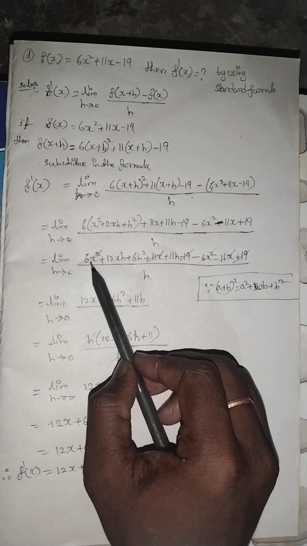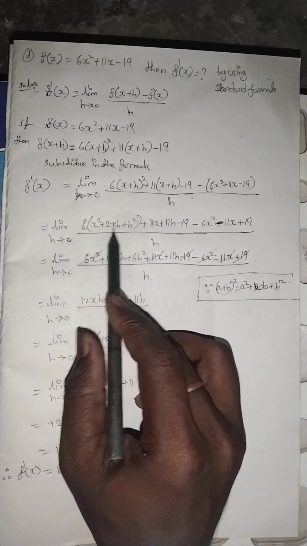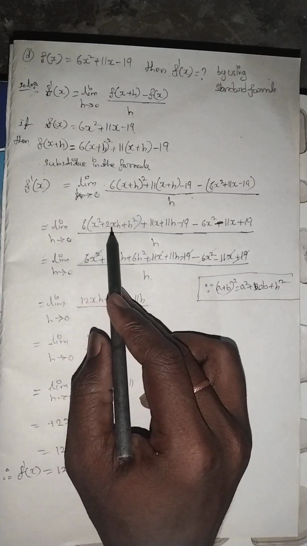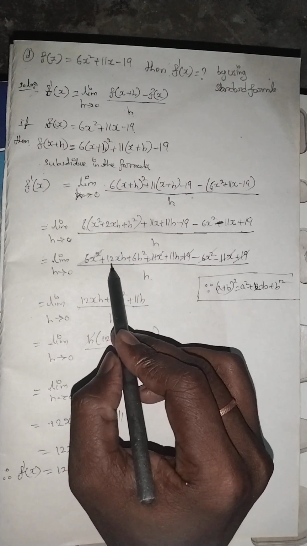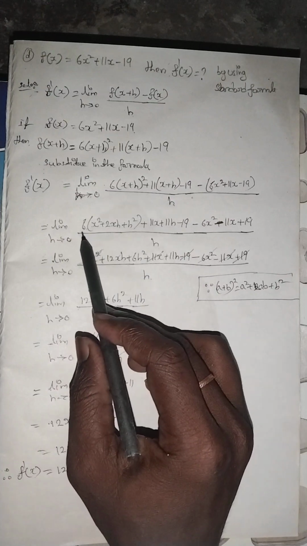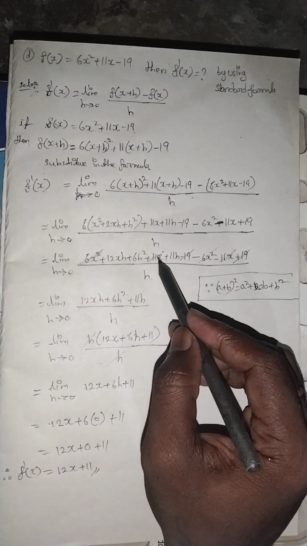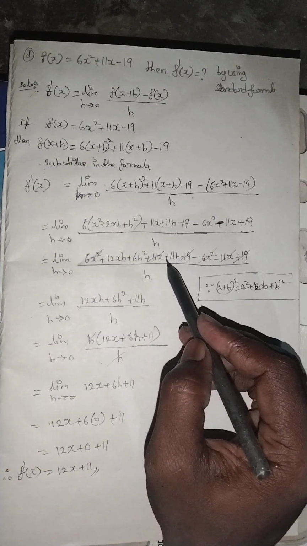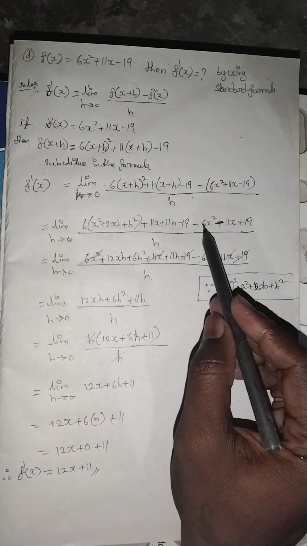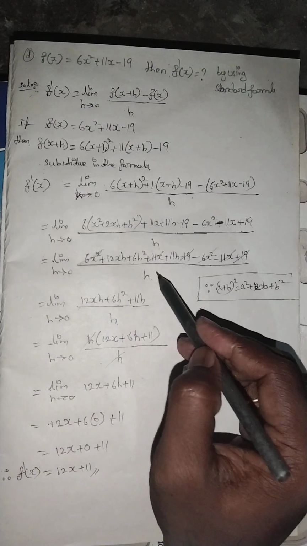equal to limit h tends to 0 of 6x square plus, multiply with this, 6 into x square, 6x square, plus 6 into 2, 12xh, plus 6 into h square, 6h square, plus 11x plus 11h minus 19 minus 6x square minus 11x plus 19 by h.